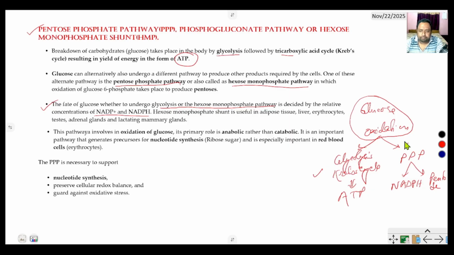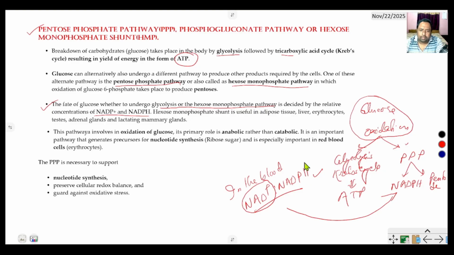What is the cue of this reaction? When the concentration of NADP plus is high relative to NADPH, then the oxidation reaction occurs by the pentose phosphate pathway.